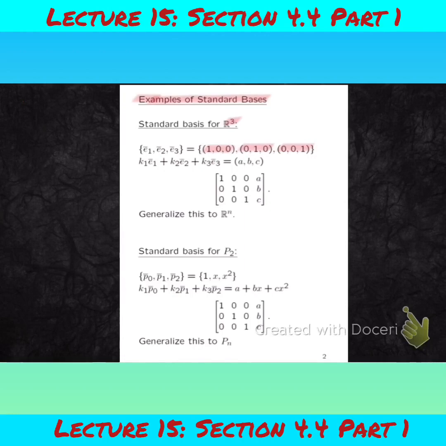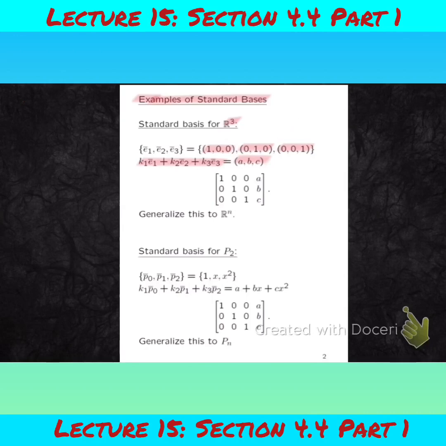Because the set of standard unit vectors is a linearly independent set, and also any vector in R3 is a linear combination of vectors in the standard set.